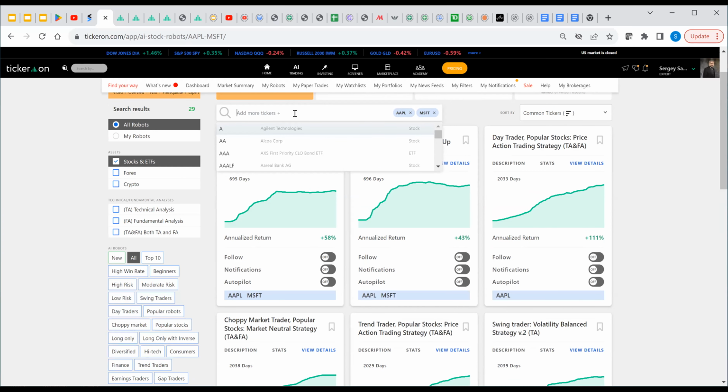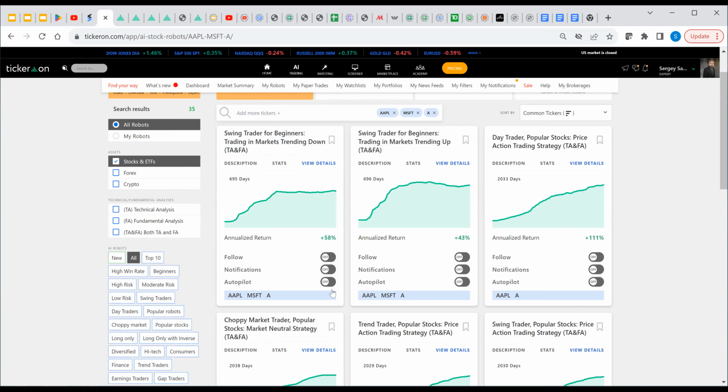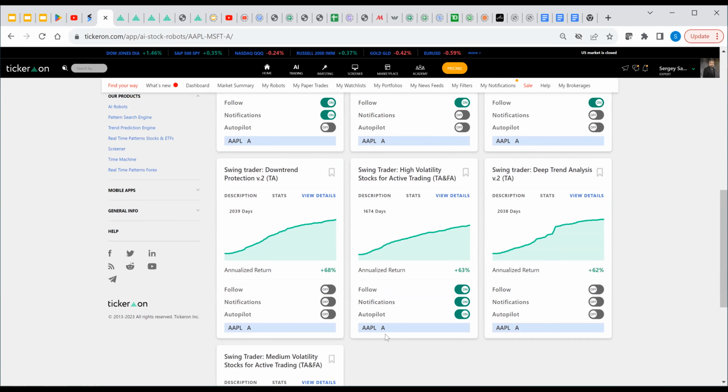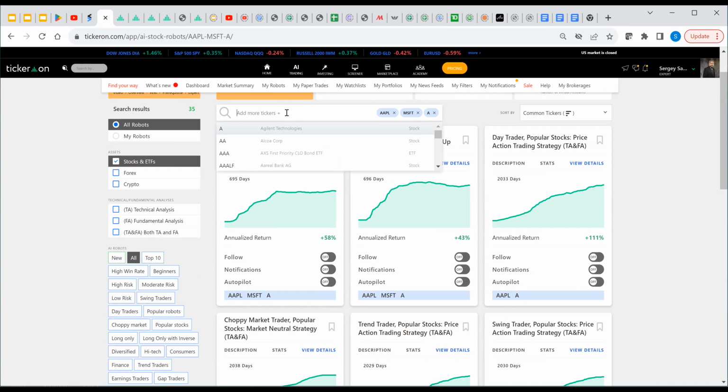Now, what else? Let's say Agilent. Do I have anything with Agilent? Yes, I do. So I have like 3, you see? Oh, I don't have any with Microsoft, but I have Apple and Agilent. Okay, here, you see, this is all 3, now it's 2, whatever is remaining. If I add more, let's say Meta, it's Facebook.